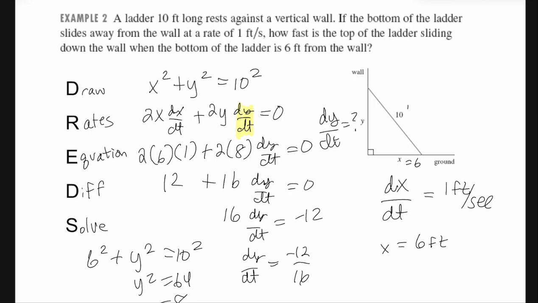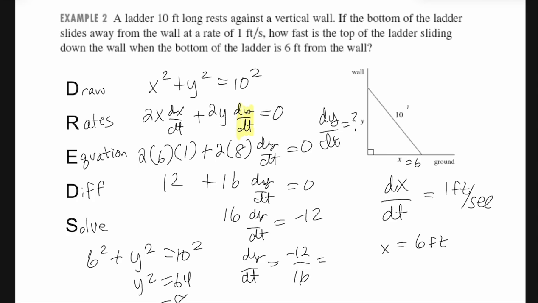I'll simplify it in a second, but this is positive because the distance from the wall is getting larger. This is negative because the distance down, that distance from the ground, is getting smaller. So that's why this rate going that way is positive, but this rate is negative. And we should expect that if it gets smaller, it should show us by having a negative rate.